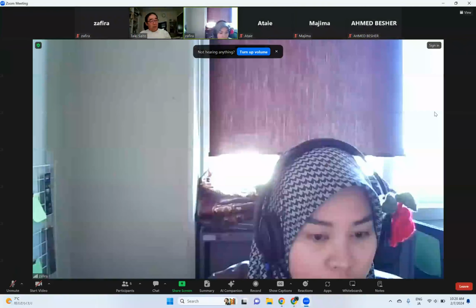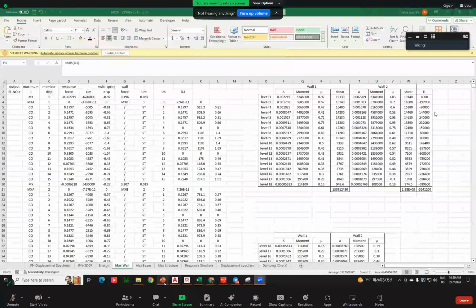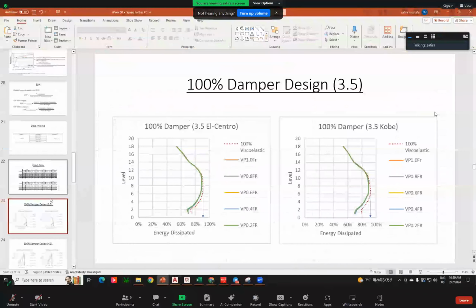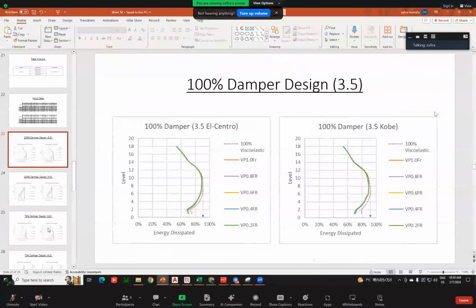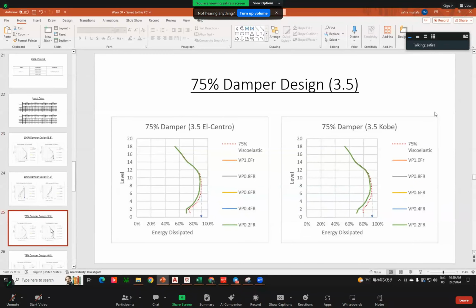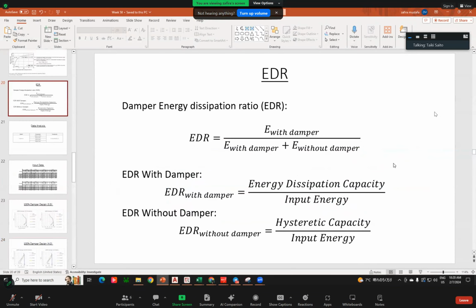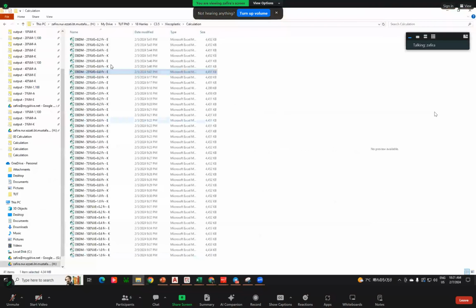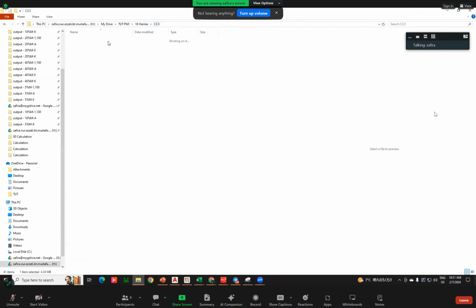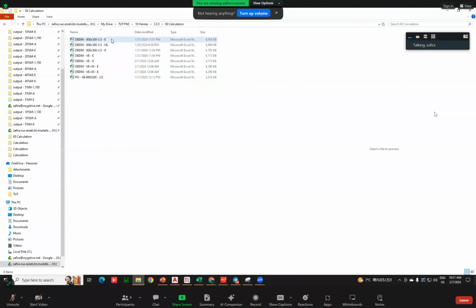Could you go back to your slide? But as I told you, could you show me your definition of energy ratio? So if energy without damper is small, this EDR is always 1. This is calculation from the state view.